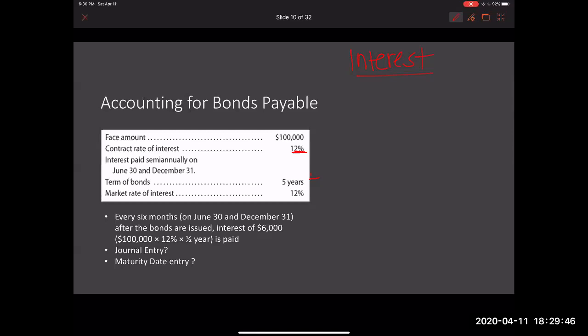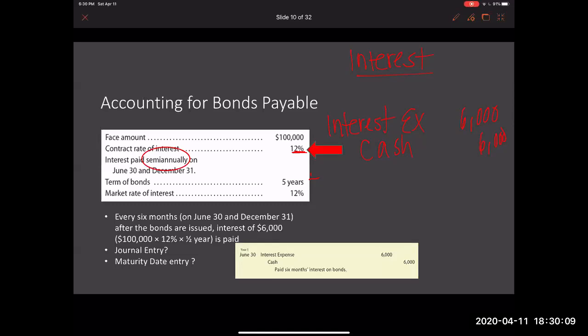Now to journalize this, our journal entry is going to look like a debit. We're the company, so we're paying interest. So it's going to be a debit to interest expense in the amount of $6,000, and a credit to cash. Our cash is going out the door.